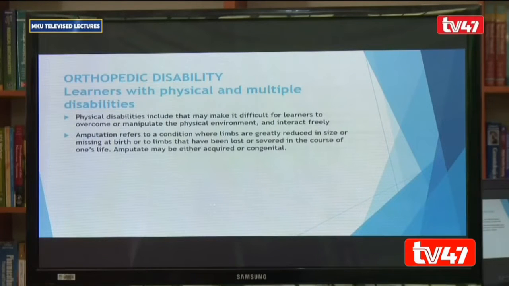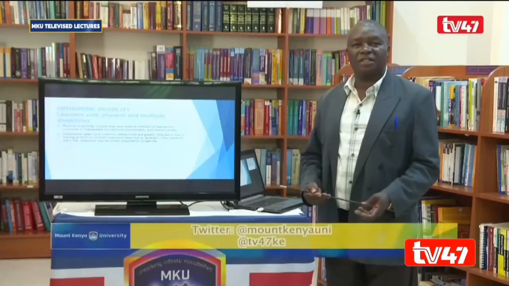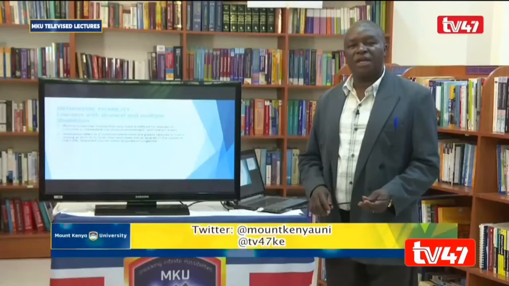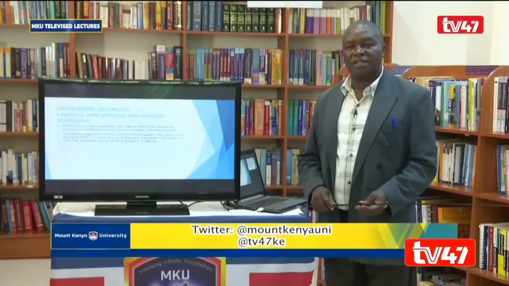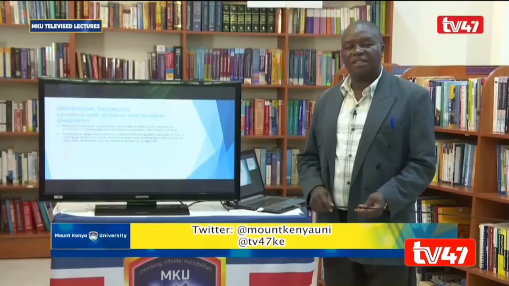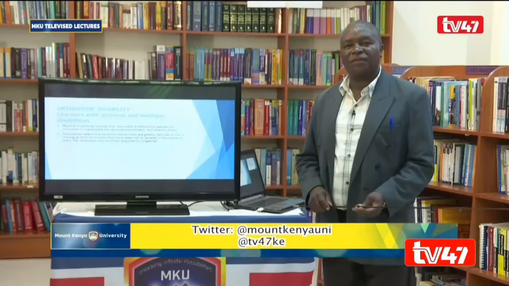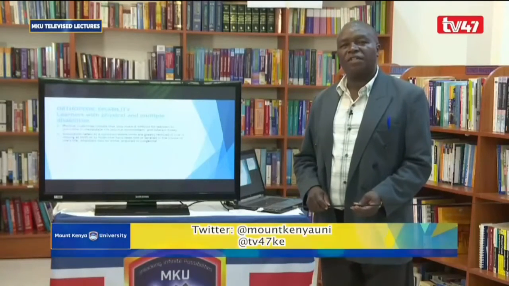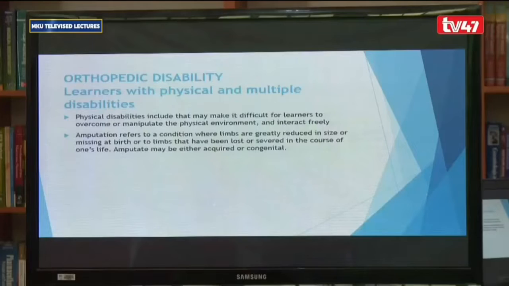For example, when we are walking, when we are writing, when we are standing, that is a physical activity. So any weakness or any interference with any physical activity is classified under physical disability.